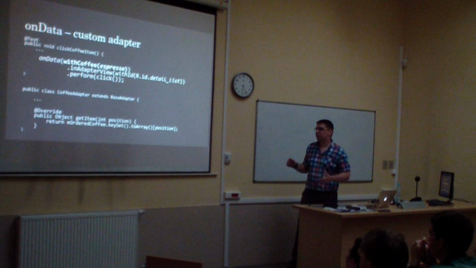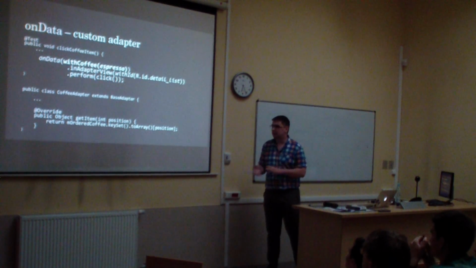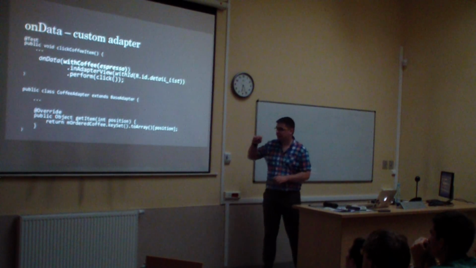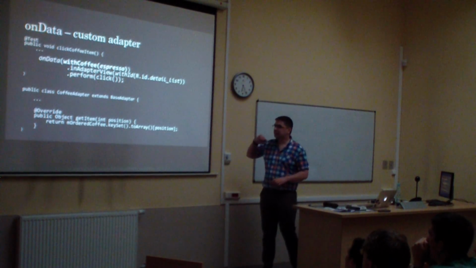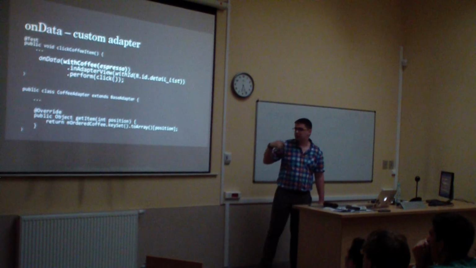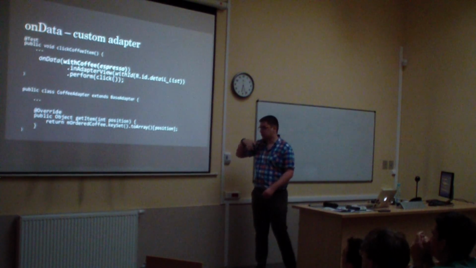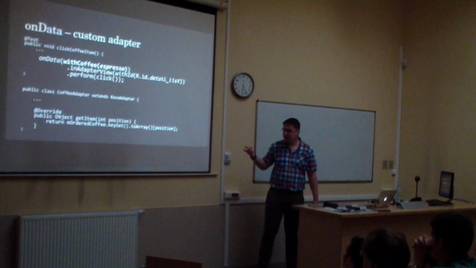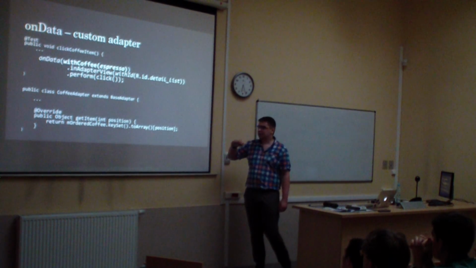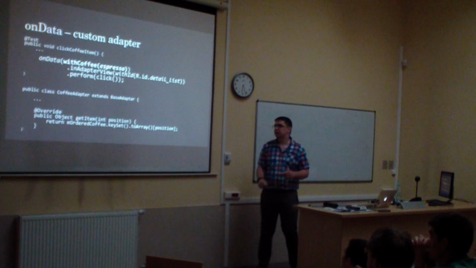But right now a harder and more useful example. For example, we have some adapter, and this adapter has the getItem method. This item returns data of the required type for us. In this case, this method returns an object of the Coffee type. It's a really basic class.